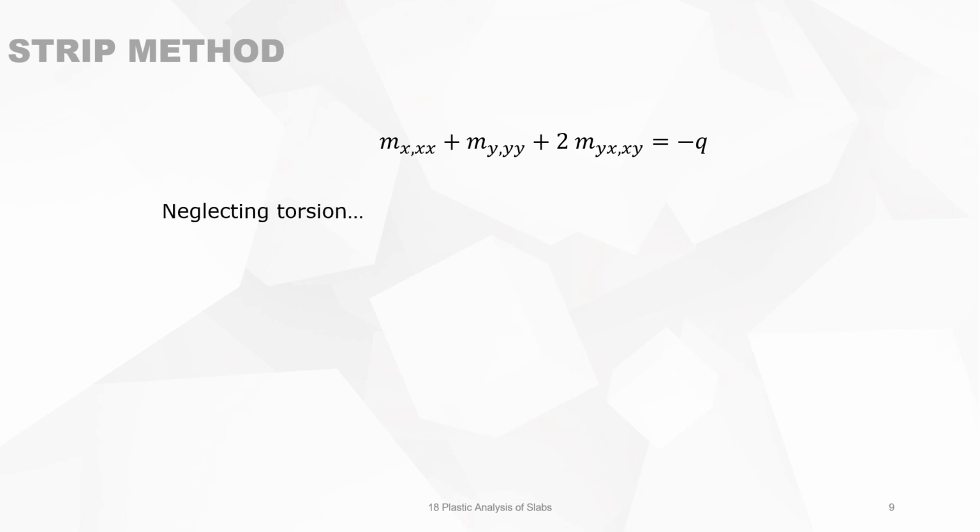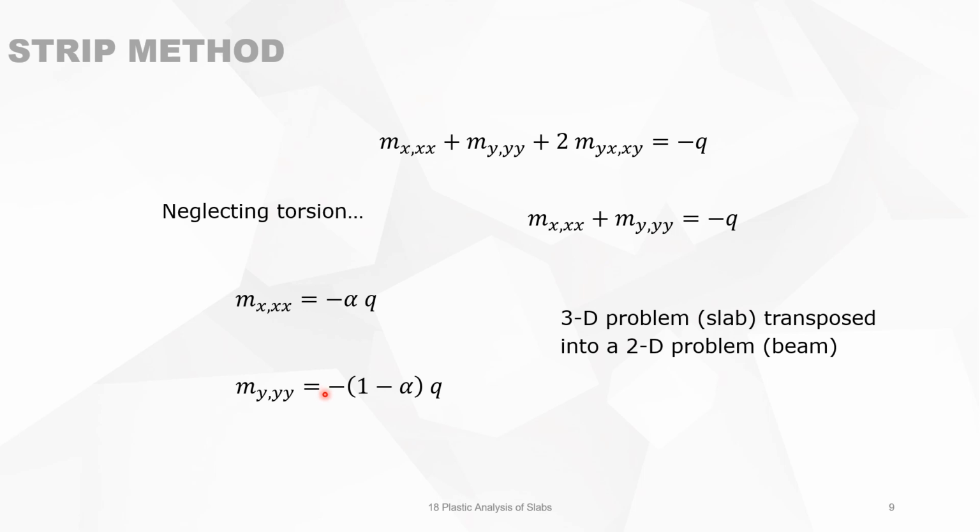When we neglect the torsional bending moments, you can split it up in two directions. If you take the equation in the x direction with one portion of the total load, and then the other direction, then you have reduced a two-dimensional problem into the summation of two one-dimensional problems. So you reduce the problem of a slab into a problem of a beam.